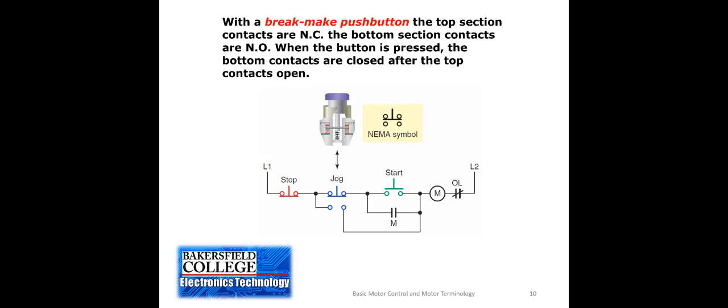So this is a circuit that operates in three-wire control until you press the jog push button, and then it turns into two-wire control. When the jog push button is released, the circuit will no longer work. This also allows you to operate the circuit in two-wire control.